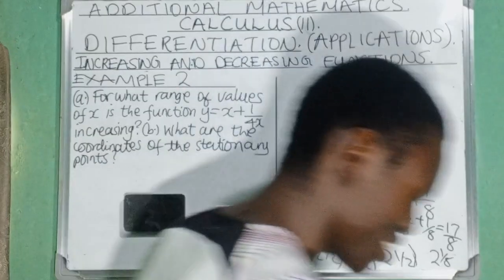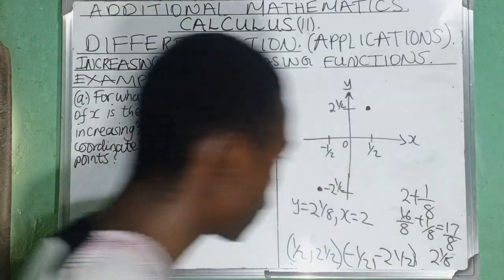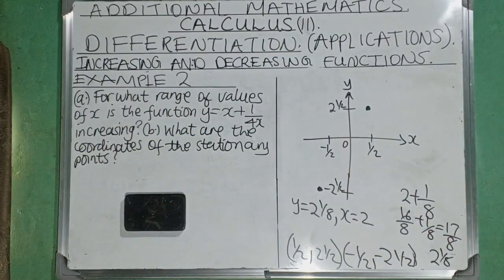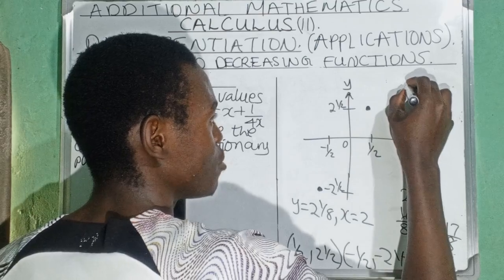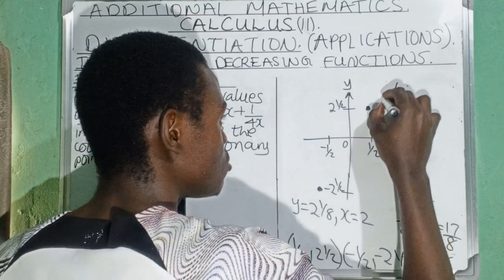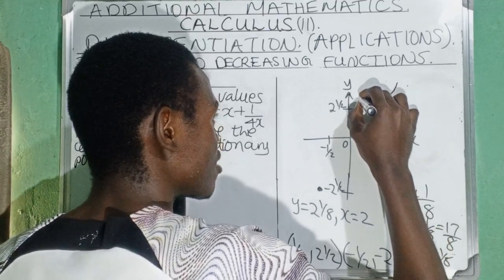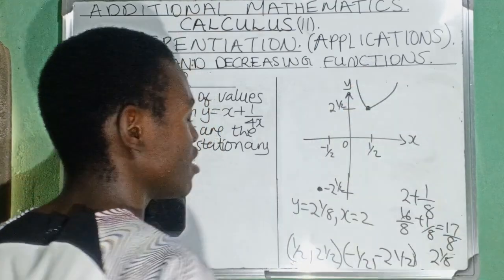Okay? So, what I want you to do is pay attention to the coordinates. It's like the values are decreasing until it reaches half, and then they start increasing in value again.